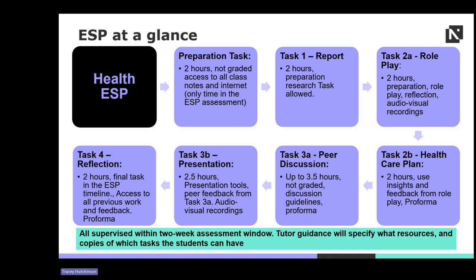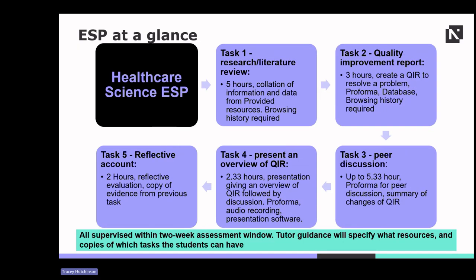It has clear indication of what is available from previous tasks, so what they can have copies of, and this should really help you identify that full journey through the employer set project. You can see the same here with healthcare science, so please feel free to pause and explore this as an overview, so nice at a glance here. So again, you can see those 5 tasks, how they follow on with each other with clear indication of timing.